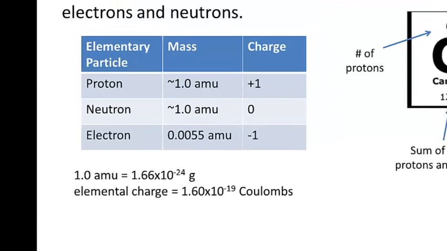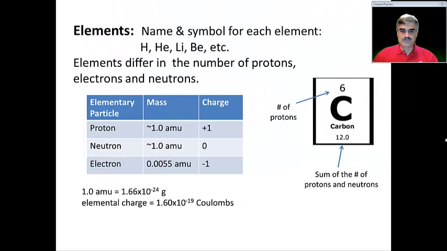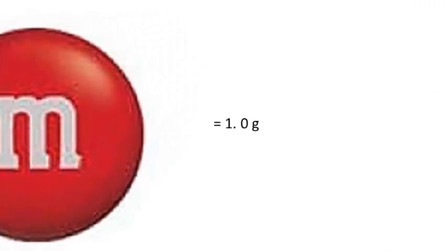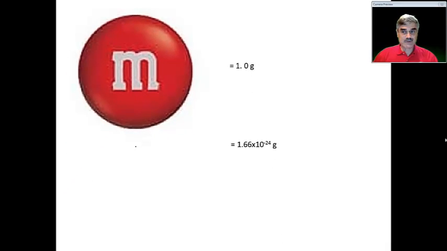Now, to give you some idea of the magnitude of these small numbers, let's consider an M&M. M&Ms are great because the mass of an M&M is about 1 gram, almost exactly 1 gram. Now I'm talking about the plain M&Ms, not the peanut. The peanut M&Ms are almost 2 grams.